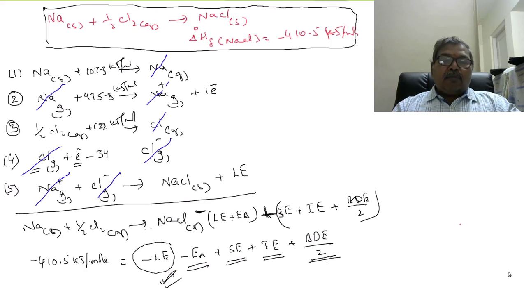Minus 348.6 kilojoules per mole gives rise to Cl minus gas. Next, we don't know the lattice energy of the ionic crystal.